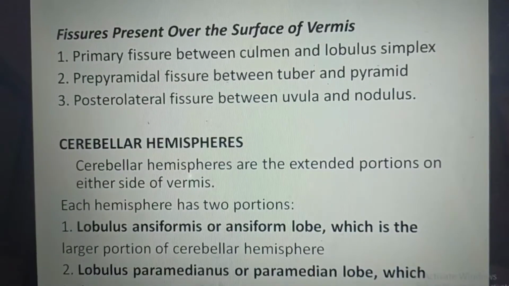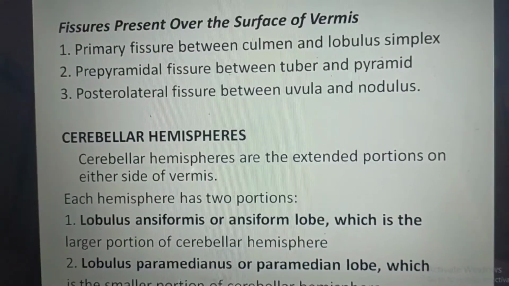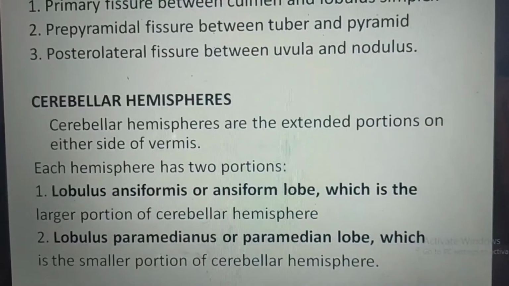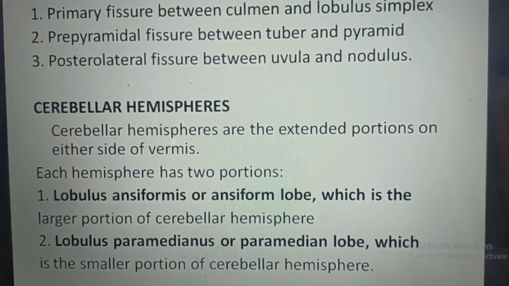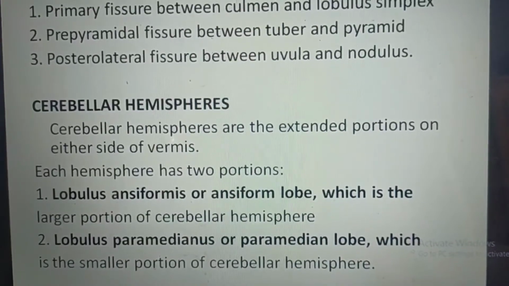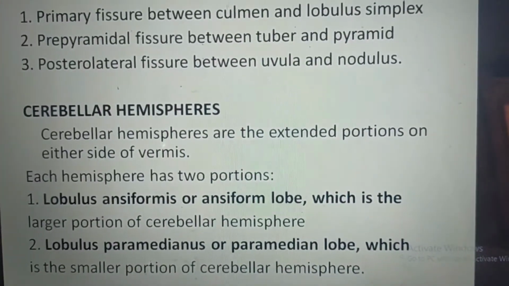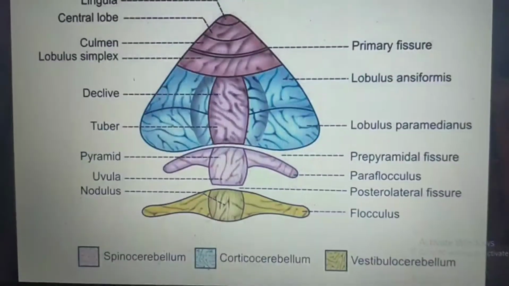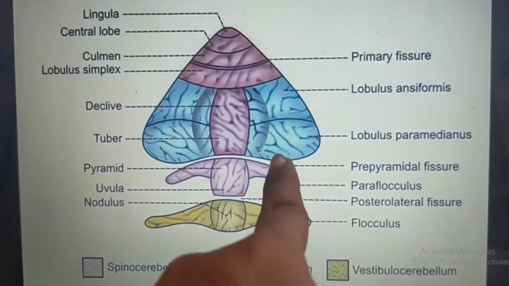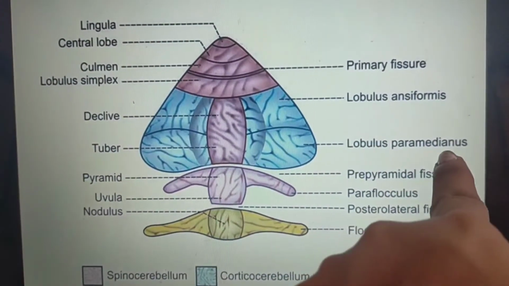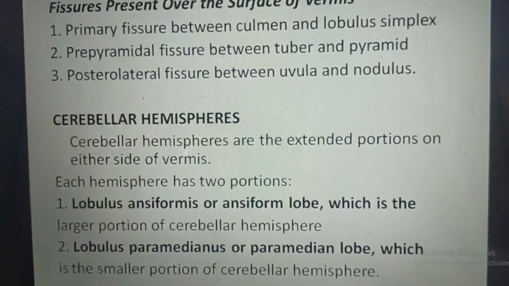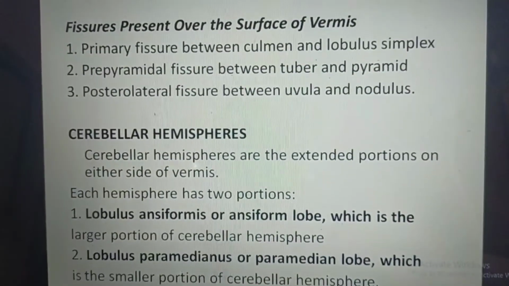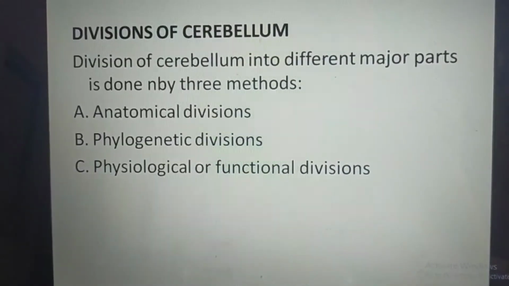Lobulus ensiformis is the larger portion of the cerebellar hemisphere, and lobulus paramedianus or paramedian lobe is a smaller portion of cerebellar hemisphere. Second, here there is a lobulus paramedianus. So these are the fissures and hemispheres.